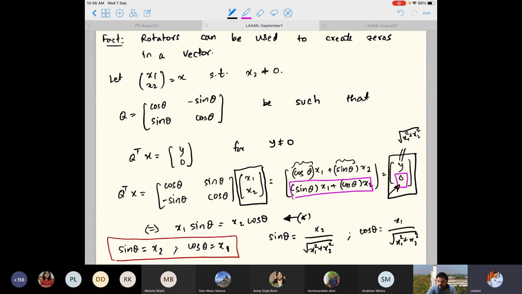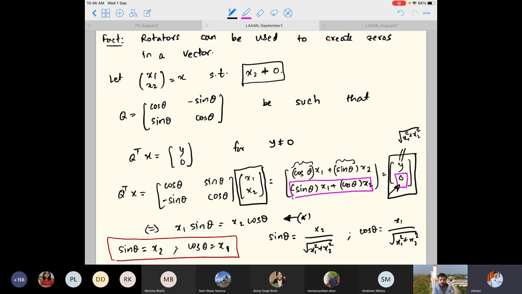Now, where did I use the fact that x2 is not equal to 0? In all of this, where did I use the fact that x2 is not equal to 0? I assumed it here. x1 can become 0, but if we guarantee that x2 is not equal to 0, then we guarantee that the denominator here is never equal to 0, so the division is always valid.